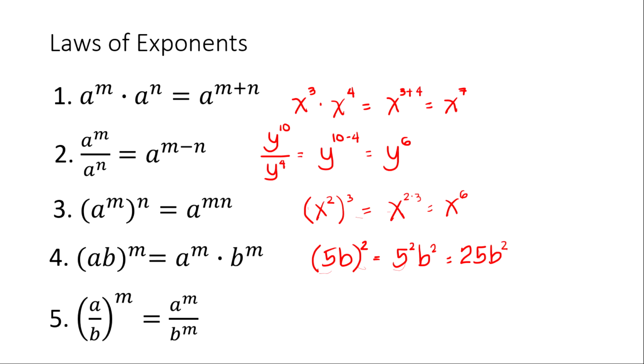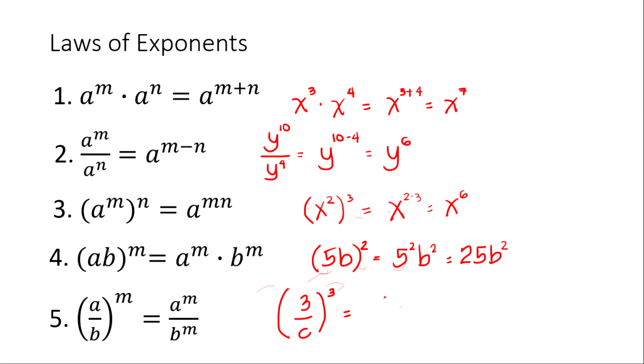Next, the term a over b is raised to the power of m. So, that is the same as a raised to m divided by b raised to m. Example, we have the term 3 over c and that term is raised to the power of 3.